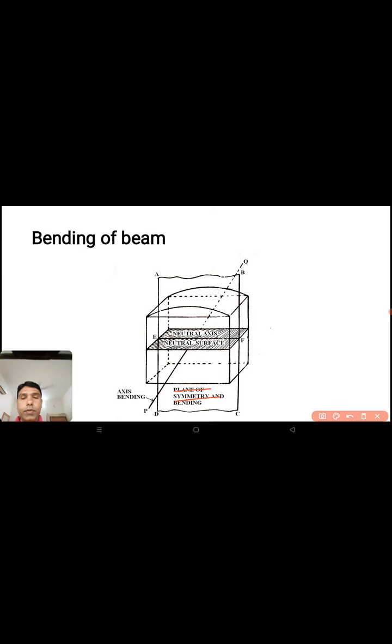Another part is the axis of bending. PQ is called the axis of bending, which is perpendicular to the neutral axis, the neutral surface, as well as the plane of symmetry.